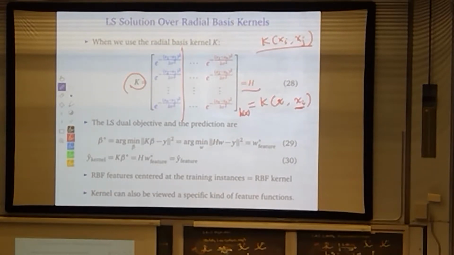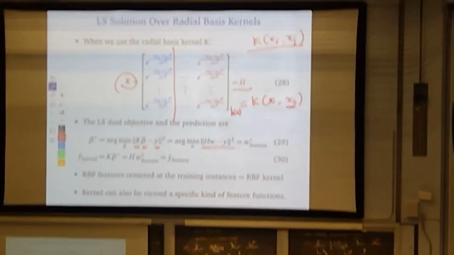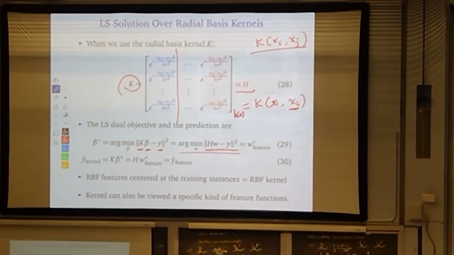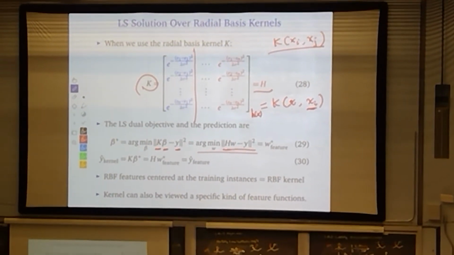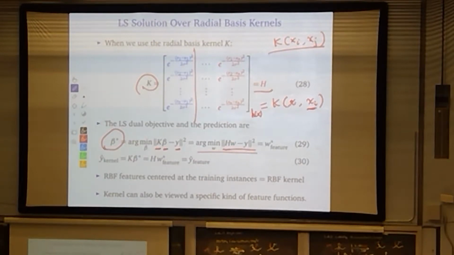So the LS dual objective is to say the kernel matrix multiplied by the dual variable should approach Y. And since K equals H, this format is exactly as this format. It's just that in this case I call it beta, and in this case I call it W. So the dual variable solution is identical to this primal least square solution over the RBF features.